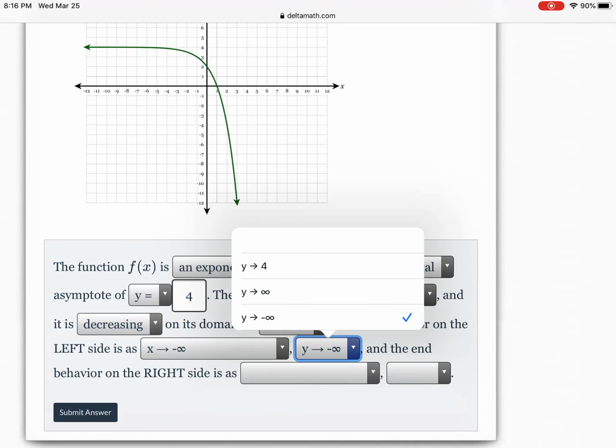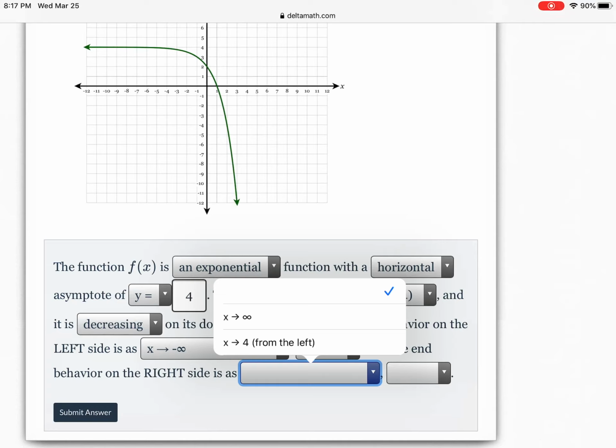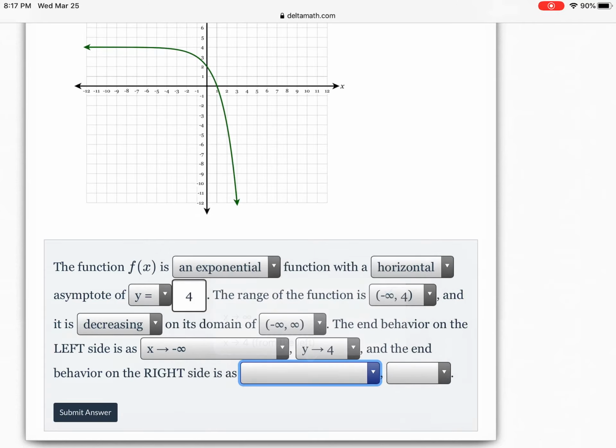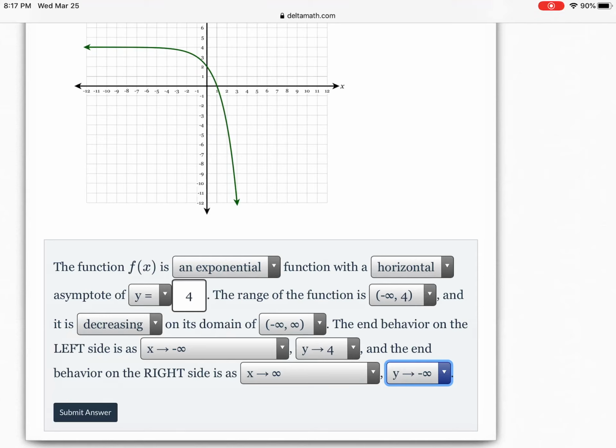I look at the right part of the range because that's the stuff that's on the left. As I look at the far left, it goes to negative infinity, but its height is 4. On the right side, I go to infinity. And on the right side, I go to negative infinity.